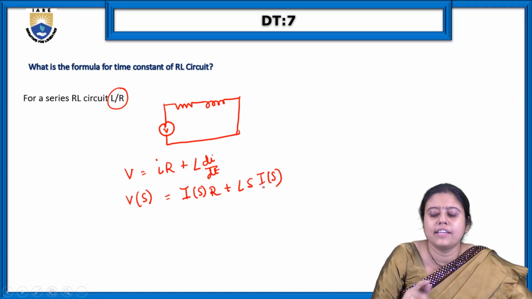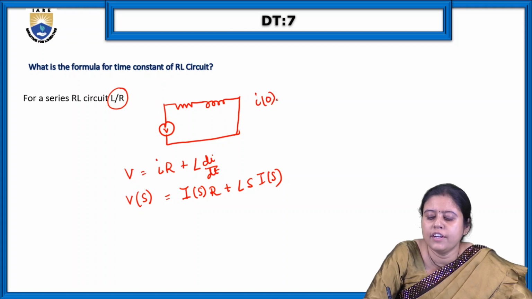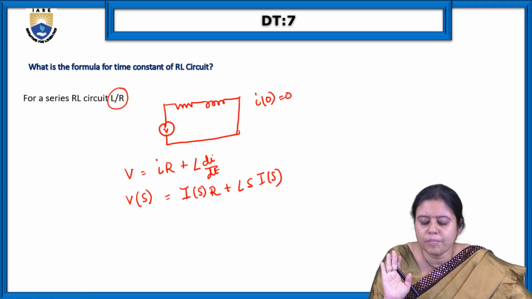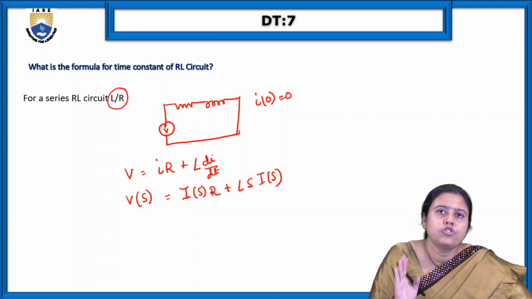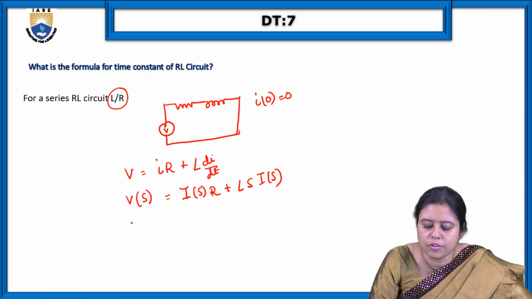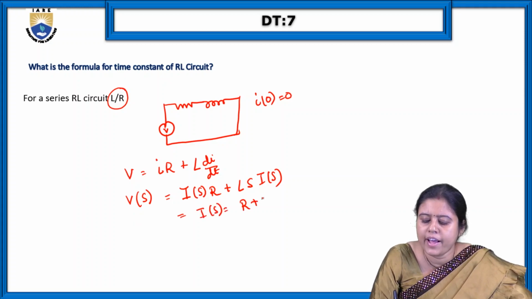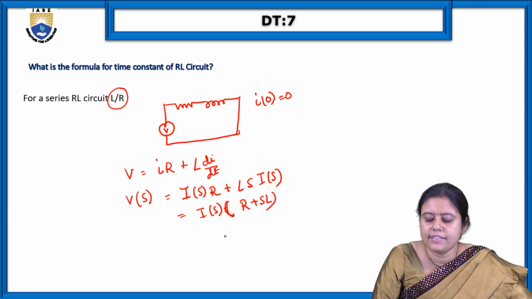We are assuming the initial condition is 0 for the time being. So Vs is equal to Is times R plus SL.